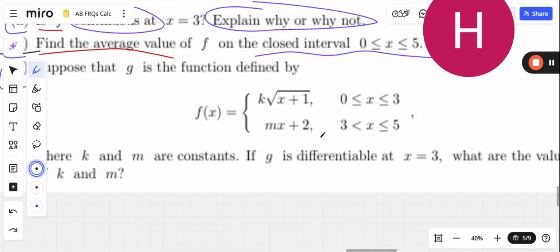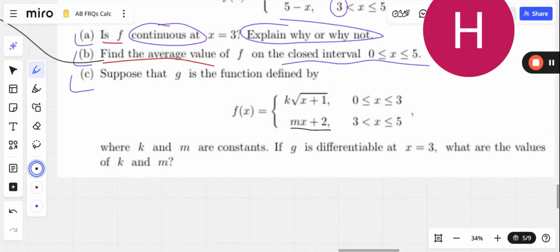And then we have a different linear equation from 3 to 5. So the question is, if k and m are constants, and go ahead and assume g is differentiable, what are the values of k and m?